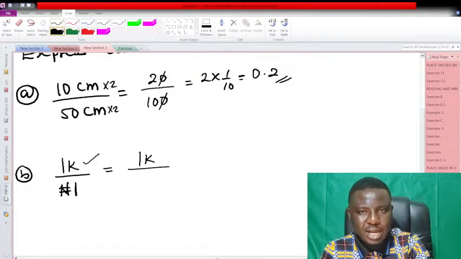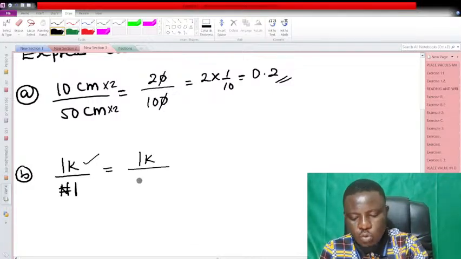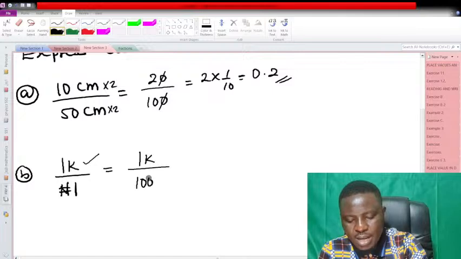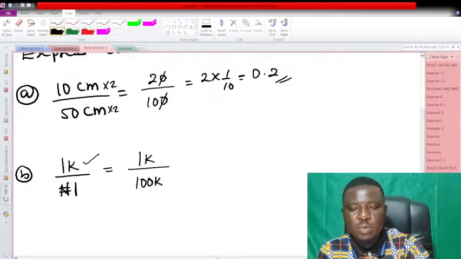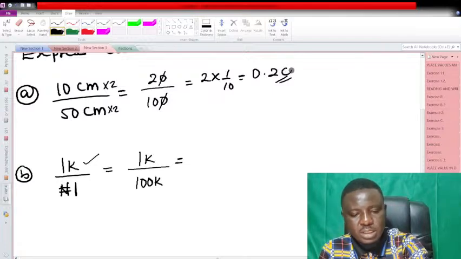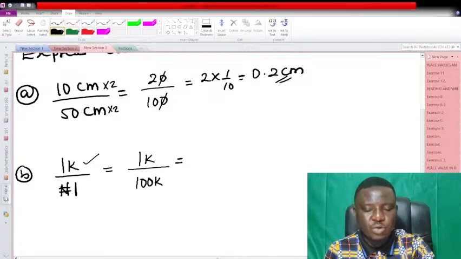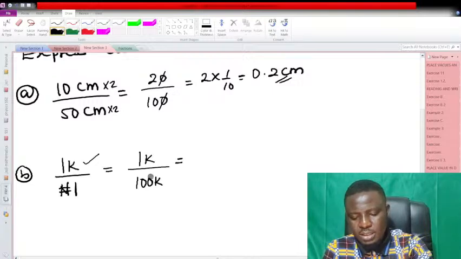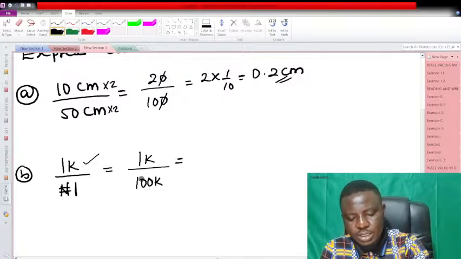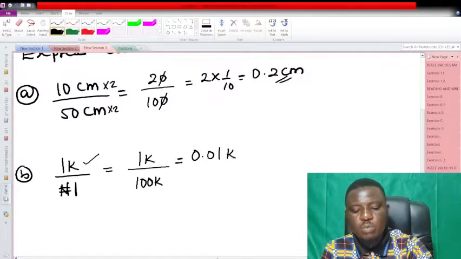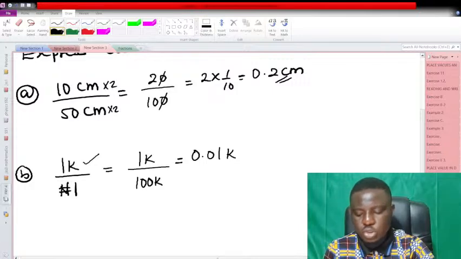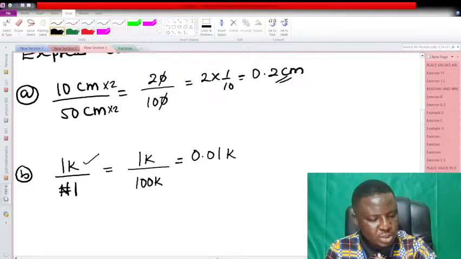Remember, we said 1 naira is equivalent to 100 kobo. So this is 1 divided by 100 kobo. Always remember to write the units. 1 divided by 100 is the 100th place value, which is 0.01 kobo. So this is what you will get as your answer.